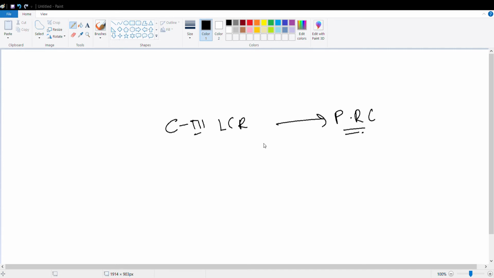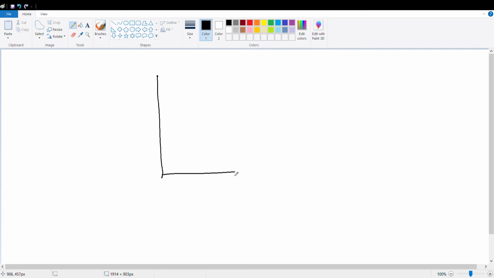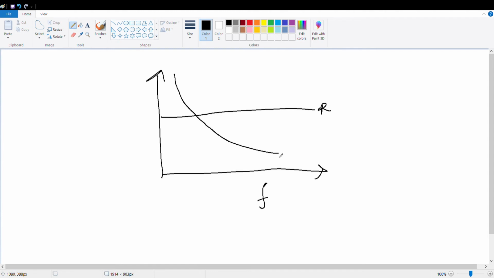So if you draw the graph of F, your R will be like this, your XC will be like this, your XL will be like this.